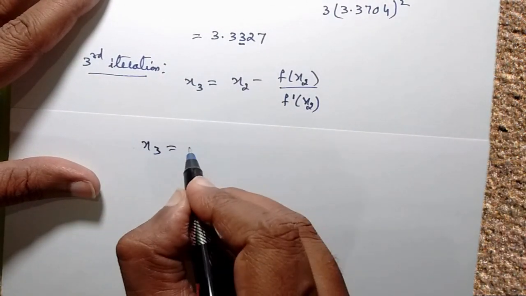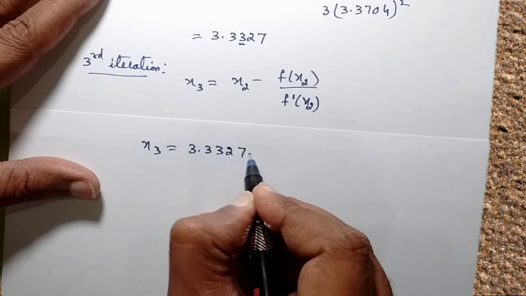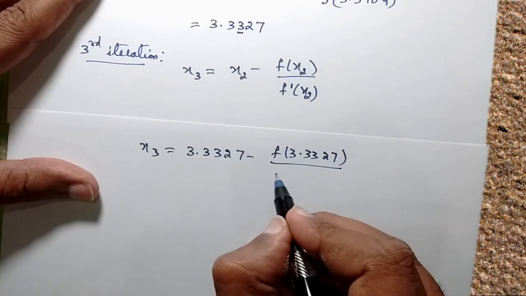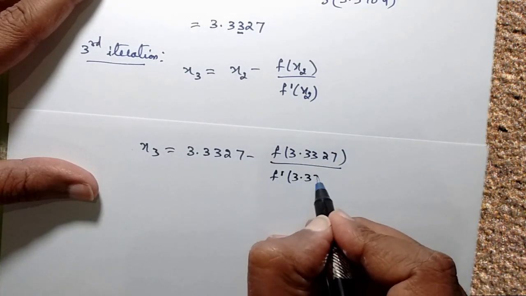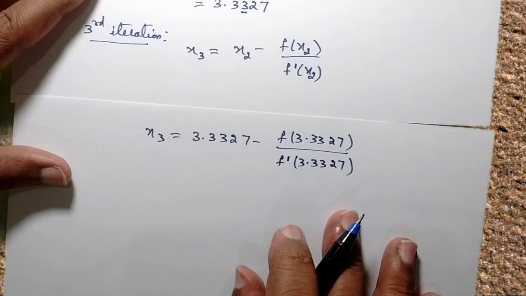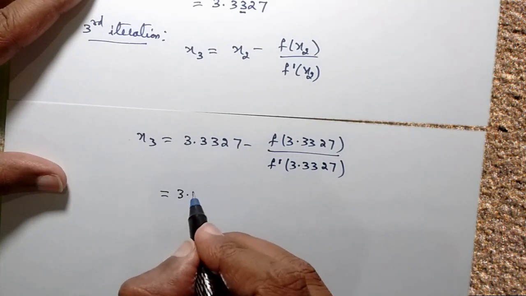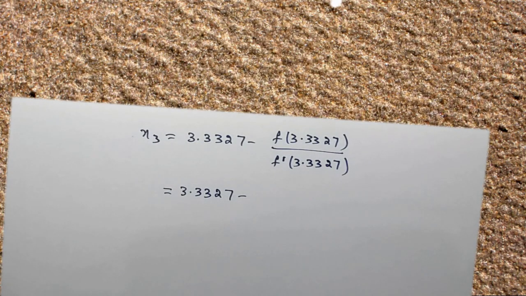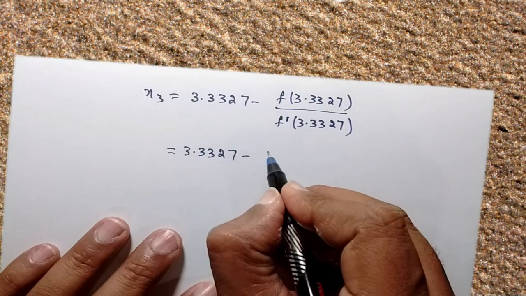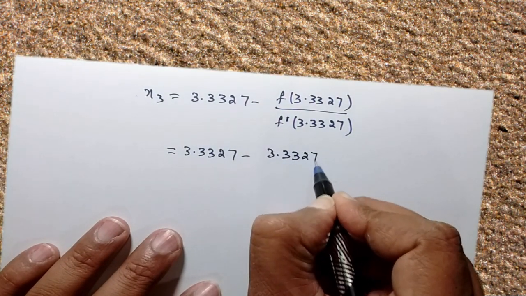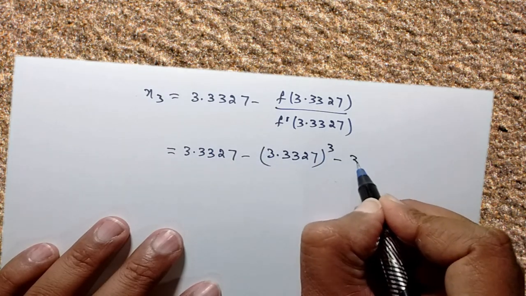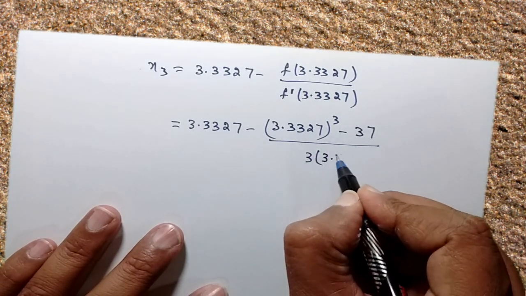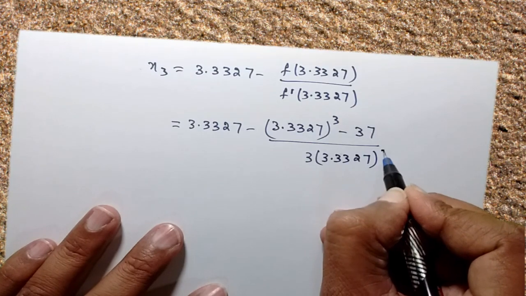So x3 will be equals to 3.3327 minus f of 3.3327 divided by f dash of 3.3327, which will be equals to 3.3327 minus the function value f of x, which is x cube minus 37. So x cube value is 3.3327 whole cube minus of 37, divided by f dash, which is 3x square. 3 times x value is 3.3327 whole square.